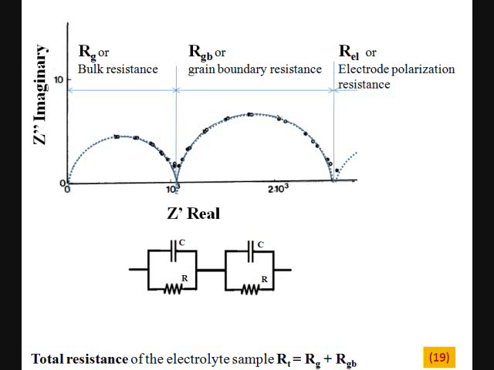The electrical equivalent circuit is extended with an increase in the number of semicircular arcs as shown here, and the total resistance is the sum of bulk resistance and grain boundary resistance given by equation 19.